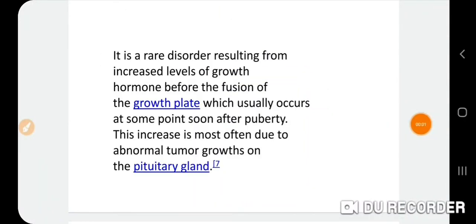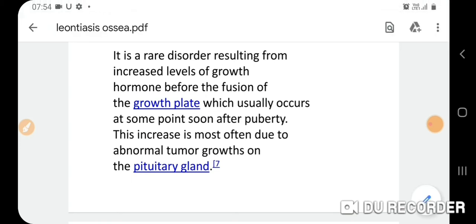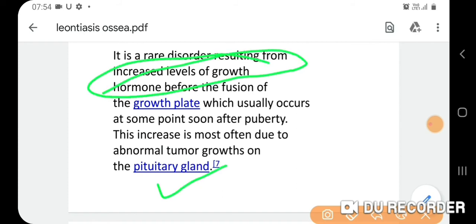It is a rare disorder resulting from increased levels of growth hormone before the fusion of the growth plate, which usually occurs soon after puberty. This increase is most often due to abnormal tumor growth on the pituitary gland.